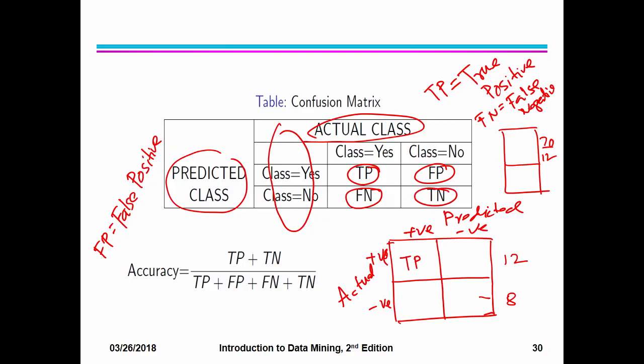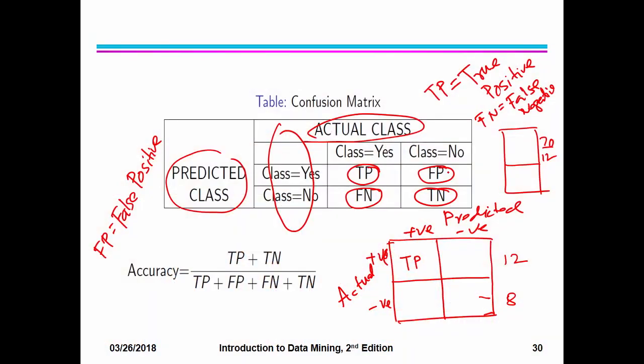To remember this, FP means false positive. False positive means the classifier predicted positive class, but that is false, that means it is actually negative class. That is how the name false positive came. And similarly, what is false negative?